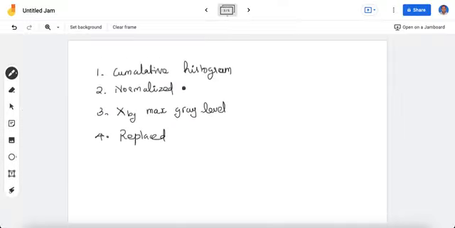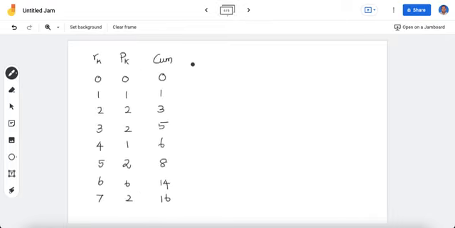We have to normalize the same. How to do the normalization? Divide the entire sequence by the maximum number of pixels, that is the total number of pixels. What is the maximum value in your cumulative pixels? The maximum value will always be the total number of pixels, that we know. So I need to find the normalized one, so take the cumulative divided by the total value. The total value is 16.